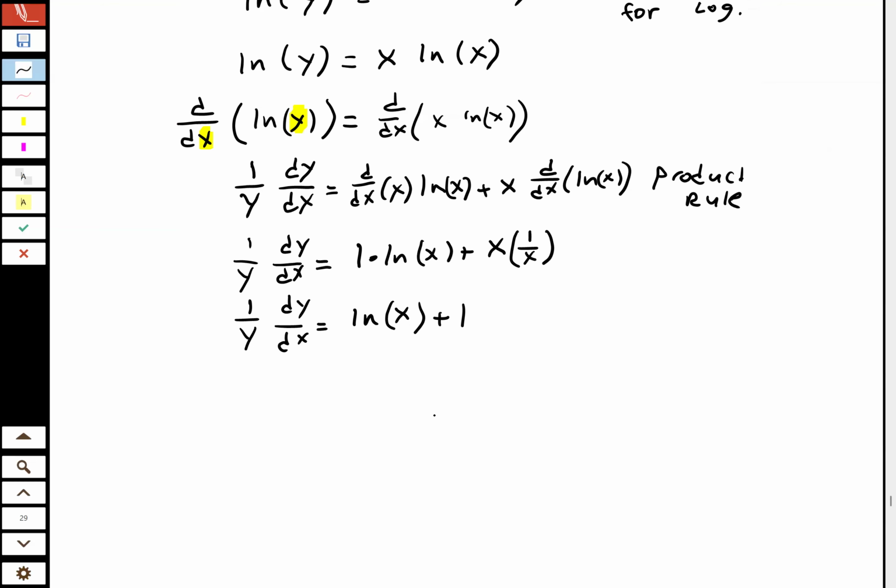My goal was to get dy/dx by itself, but I almost have dy/dx by itself already. I just have this 1 over y that I need to deal with. So to get rid of that 1 over y, let's multiply by y.